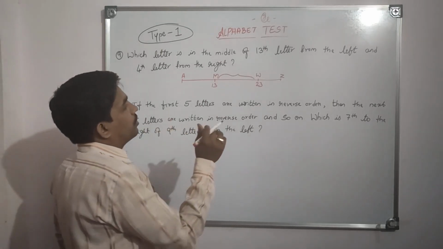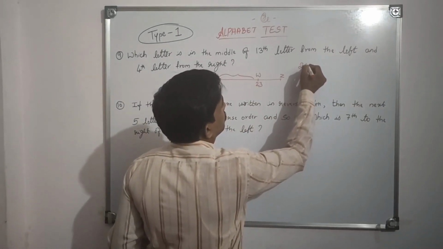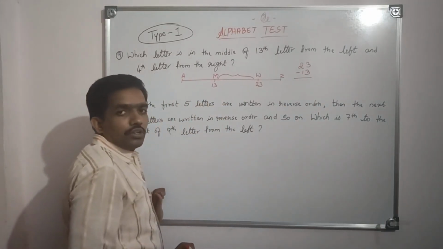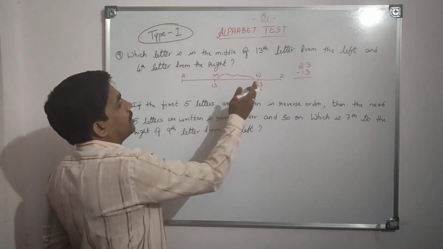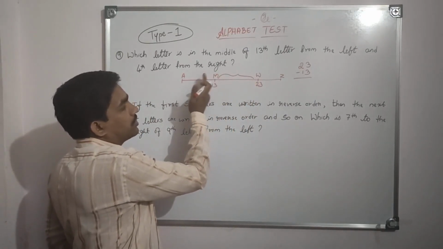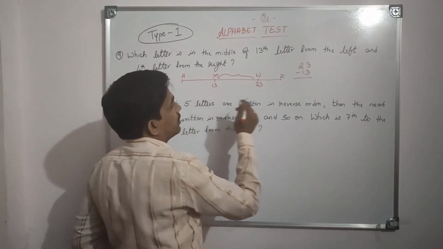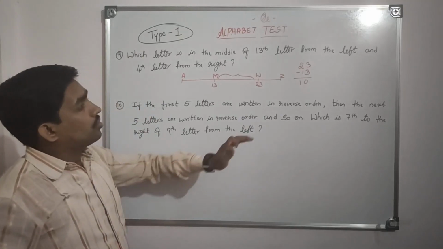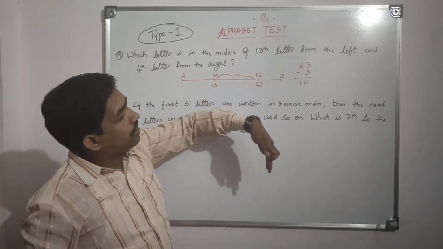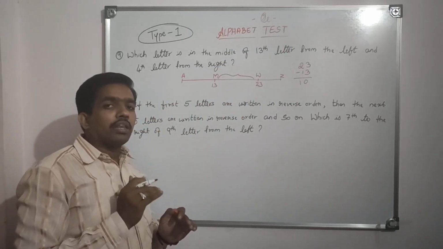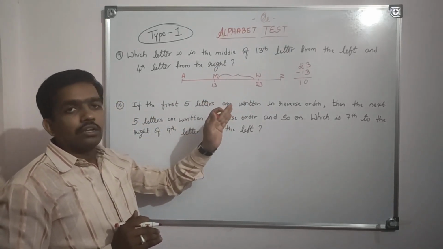So see here, first we have to do 23 minus 13. In these letters we have to subtract this one first. 23 minus 13 is 10.